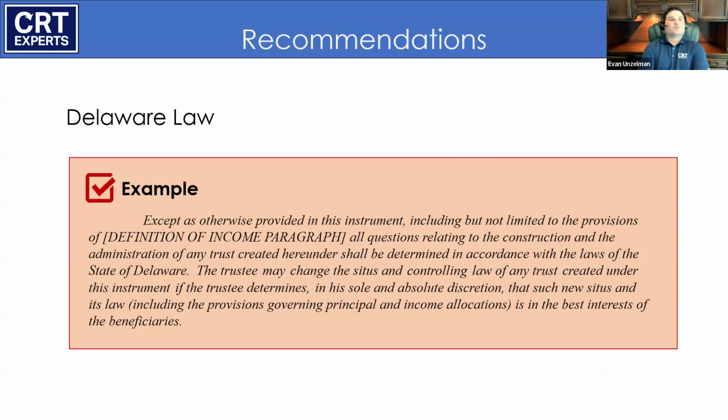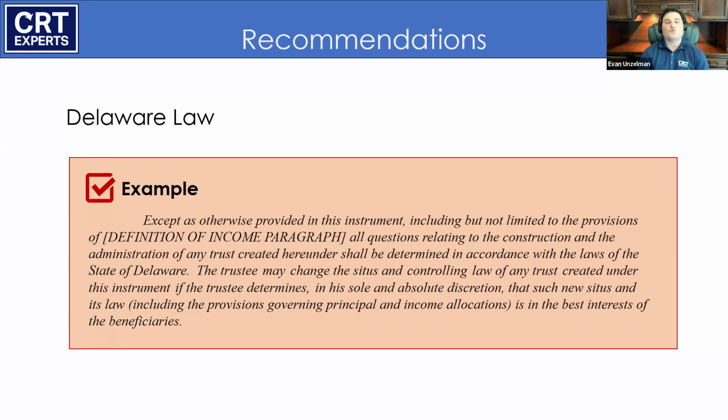Just to run through some best practices, in our view, our recommendations: we recommend Delaware law. With the revised Uniform Principal and Income Act, this structure with the NIMCRUT is possible in states that defer to that act. But in Delaware, and we'll see them in a couple of slides, there are some advantages from a flexibility standpoint.